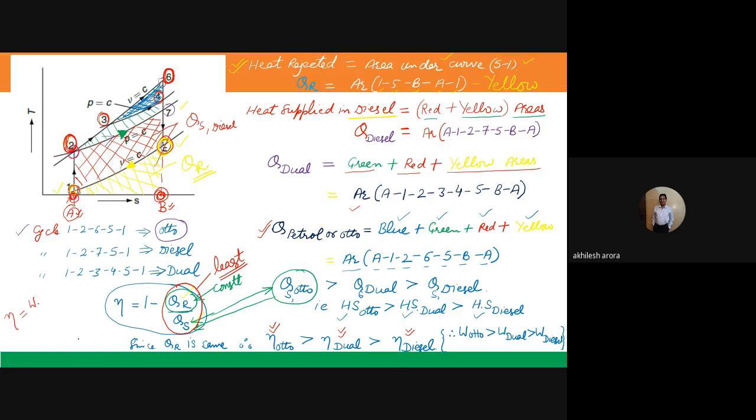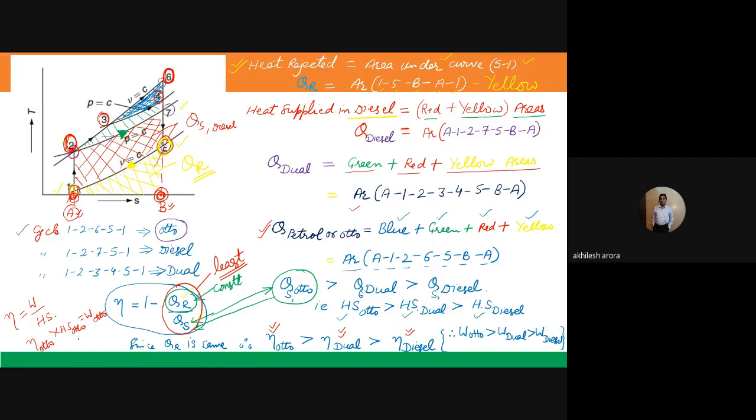So the efficiency of the Otto cycle multiplied by the heat supplied of the Otto cycle should be equal to W of the Otto cycle. And you know that the efficiency of the Otto cycle is the maximum, and the heat supplied of the Otto cycle is also maximum. So W for the Otto cycle should also be maximum.